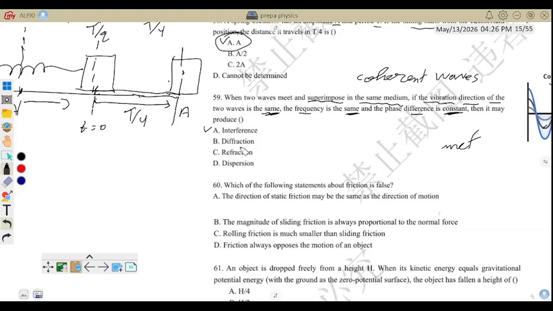For diffraction, it's only for one light that meets obstacles, or a slit, to give bright fringes and dark fringes. Refraction is the change of direction of the light once it emerges from a certain medium into another medium which is different from the first one.